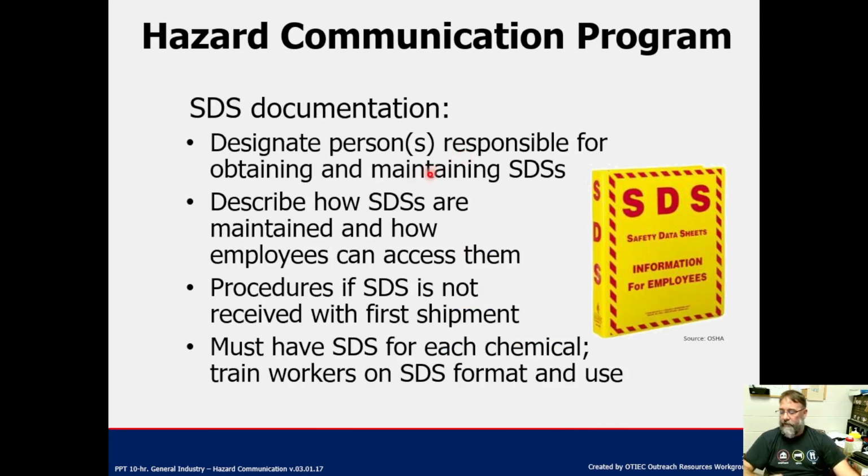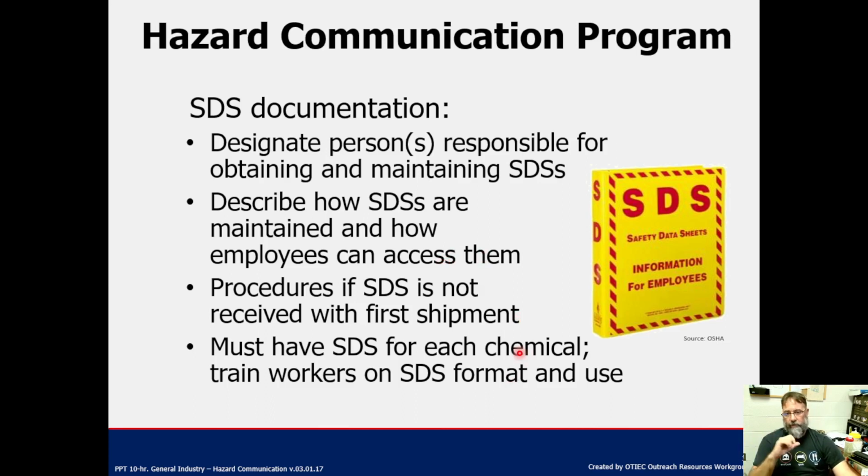So the hazard communication program, person responsible for obtaining and maintaining SDS, that would essentially be me or Nat, the other instructor here in the machine shop, because it is our shop. We're required to maintain this. How are they maintained? Procedures if it's not retained or obtained with the first shipments.